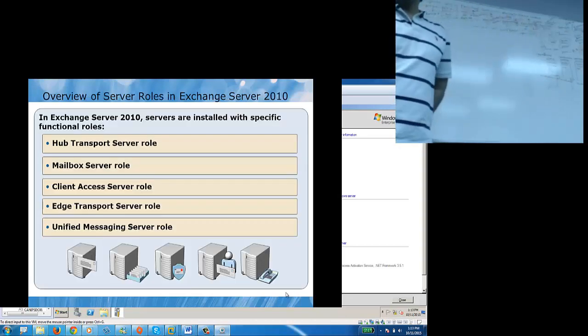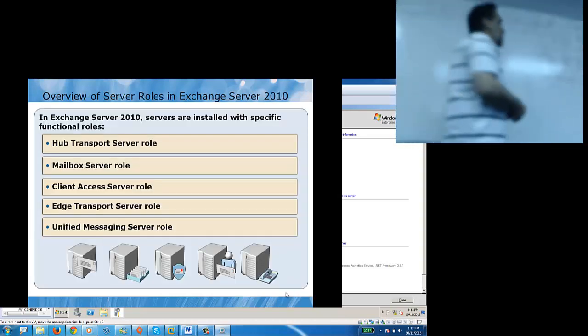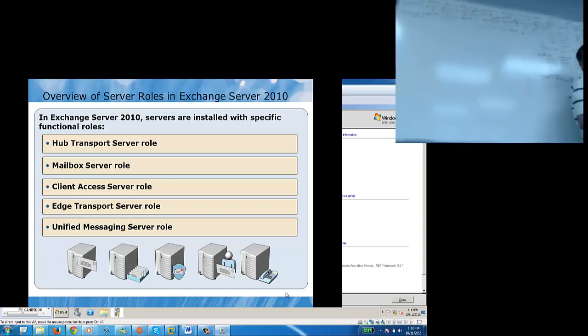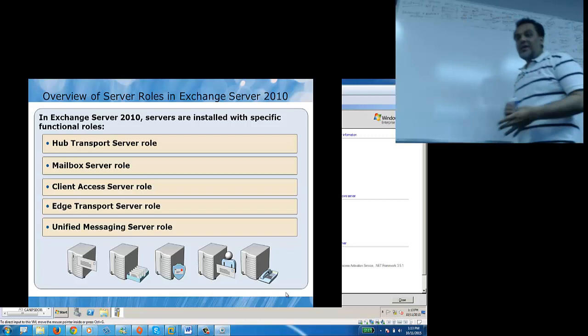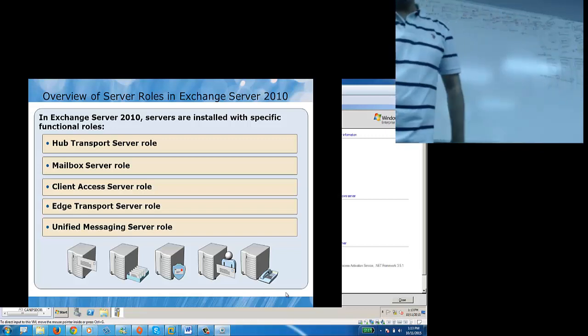Keeping in mind these roles, you have a hub transport role for transportation, mailbox for storage of emails, CAS for client connection point, and edge, which is also transportation but only for external transportation. And this is telephony, which is VoIP, called Lync nowadays, and it's totally different now.